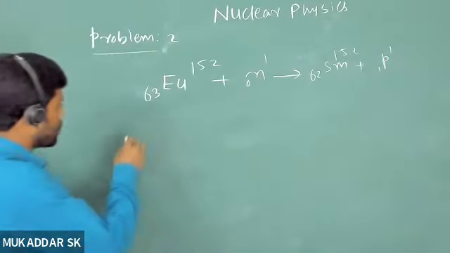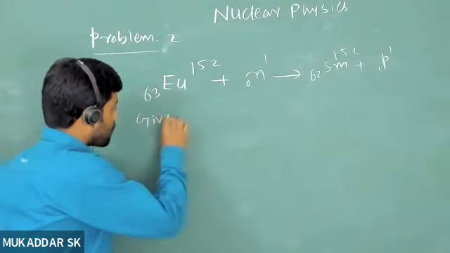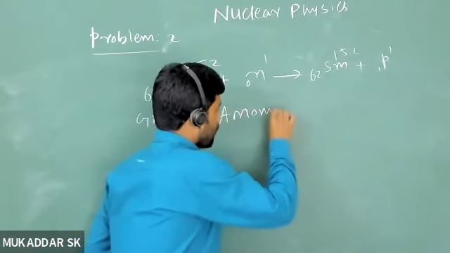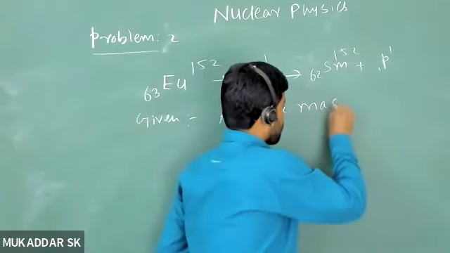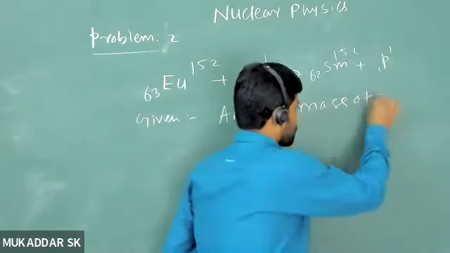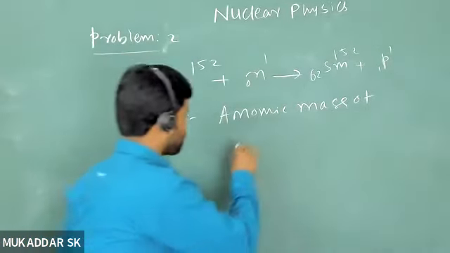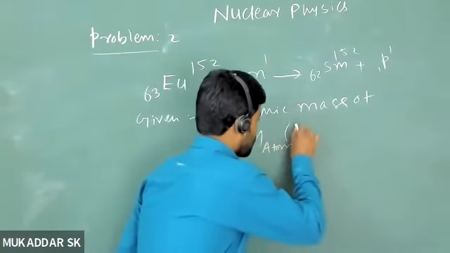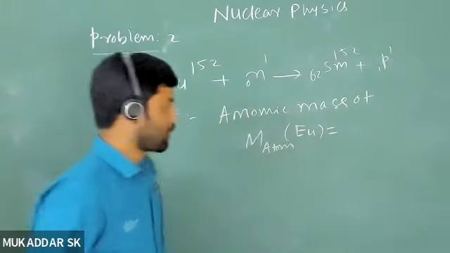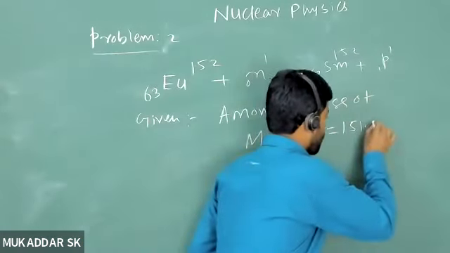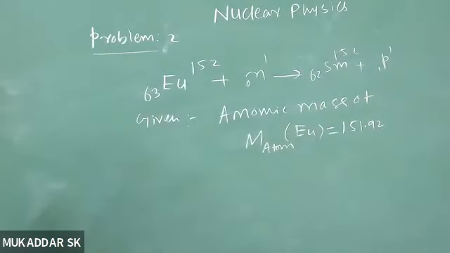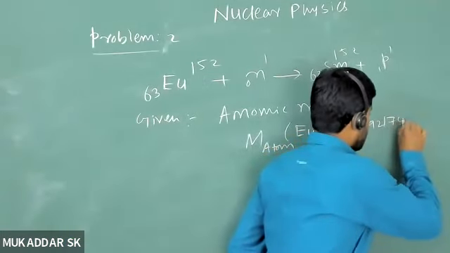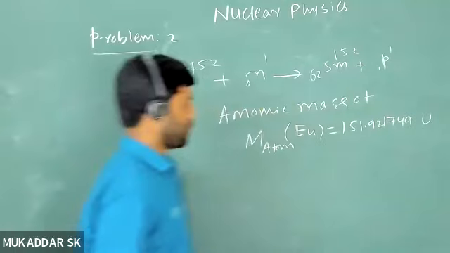Okay, so also they have provided you that atomic mass of europium, that is given, that is 151.92749 in the unit of atomic mass unit.